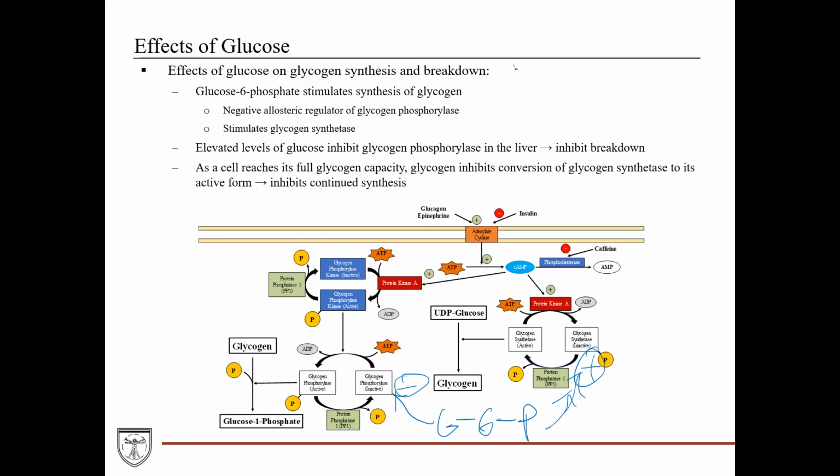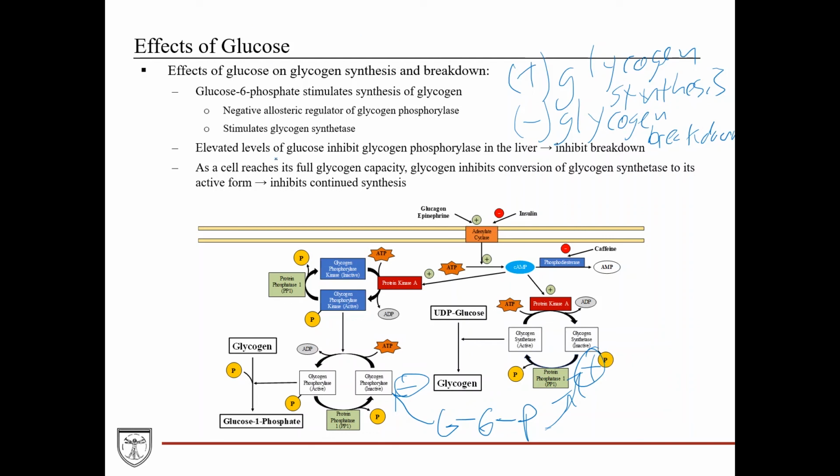So the end goal here is you want to stimulate glycogen synthesis while inhibiting glycogen breakdown. And that makes sense. If you have an overabundance of glucose, you certainly don't need to break down any more glycogen to provide you glucose.